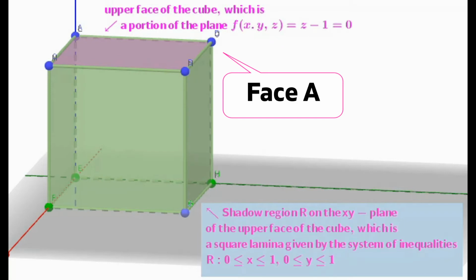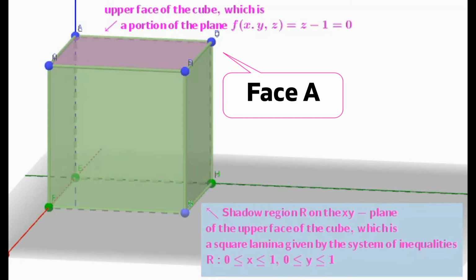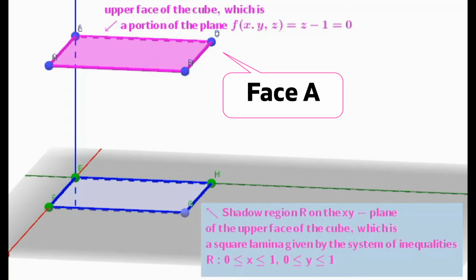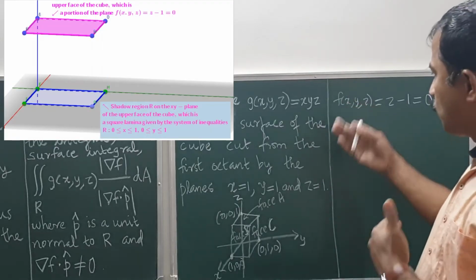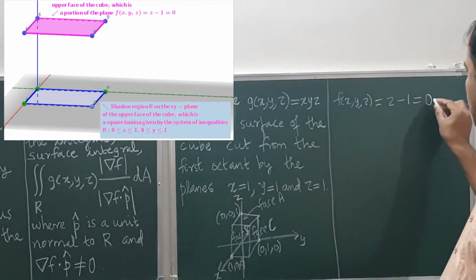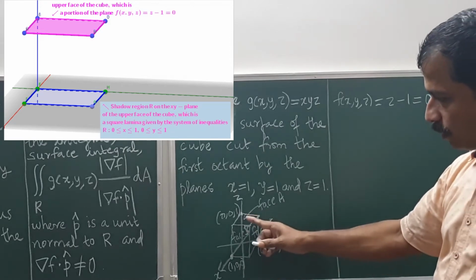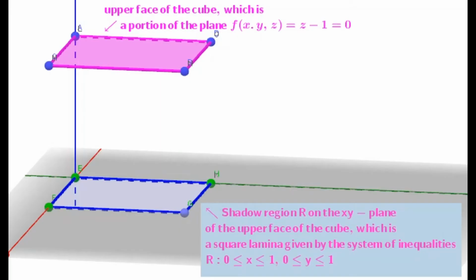So it is a portion of the surface f of xyz equal to z minus 1 equal to 0, which represents the plane z equal to 1. A portion of the graph of this f is face A, and this f is restricted to the region R. What is the shadow of this side?